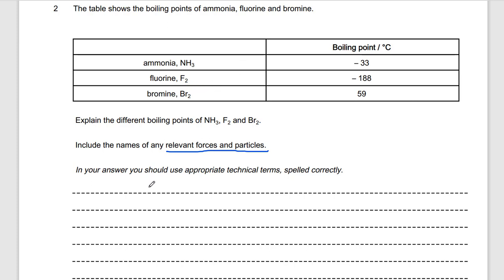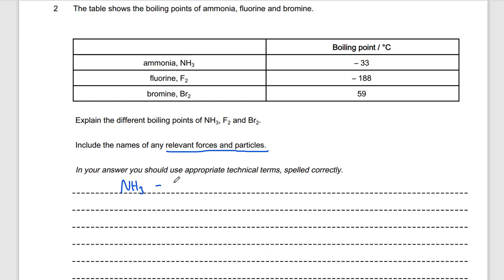First thing you do for your answer to get 2 marks, and I would always do this, state it explicitly at the beginning. What are the forces you are looking at? So go through each one in turn and state what the forces are. You need to make sure you get them right, obviously, but NH3, we said earlier, it's got hydrogen, it's got nitrogen.